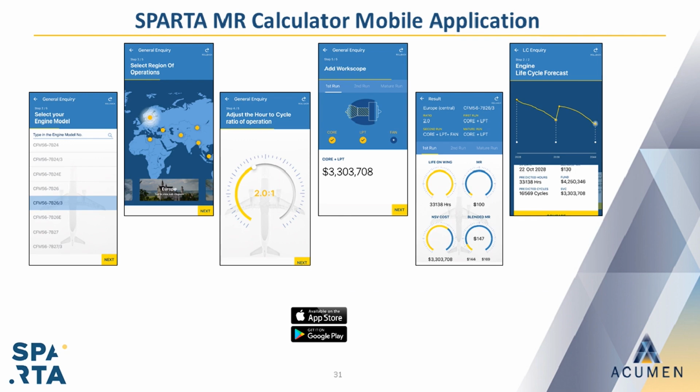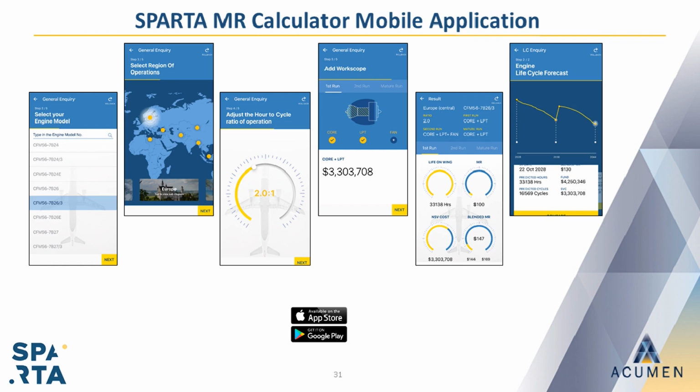The Sparta MR calculator is also available as a mobile app on Android and Apple devices. The screenshots shown here on the left-hand side show the selection of the engine type, followed by the selection of the operational region and the selection of the hour to cycle ratio.